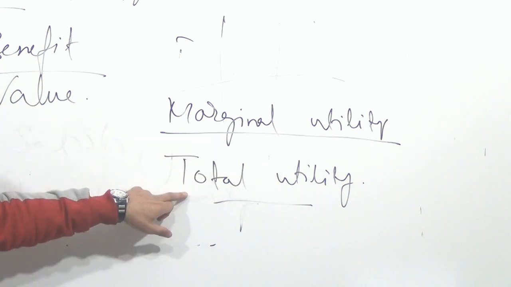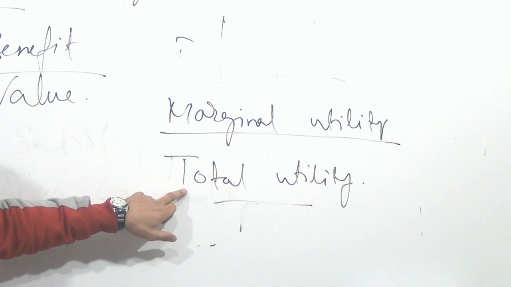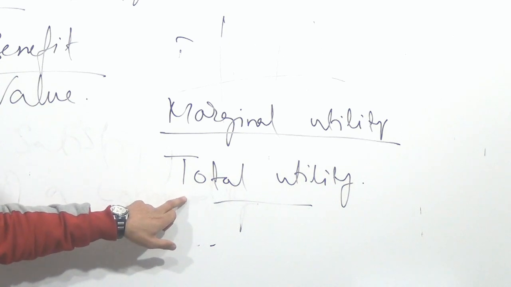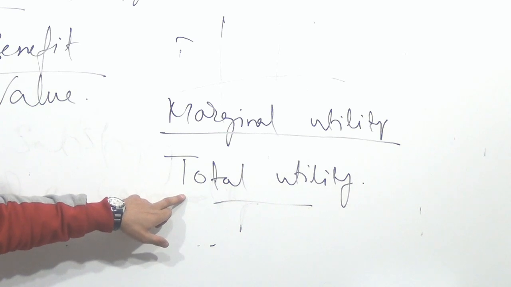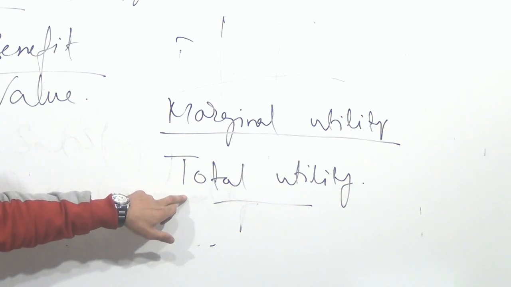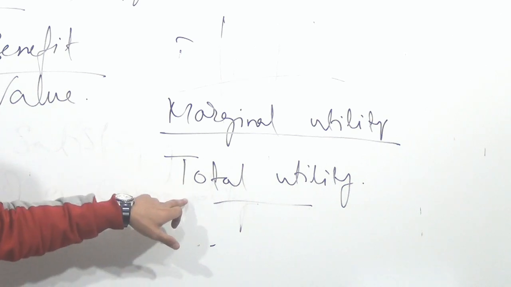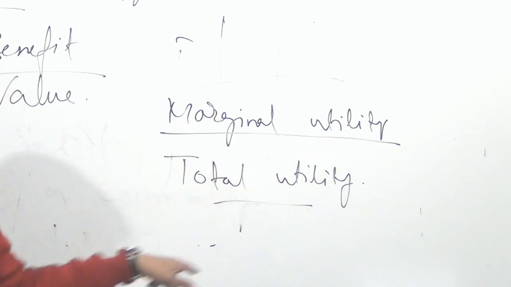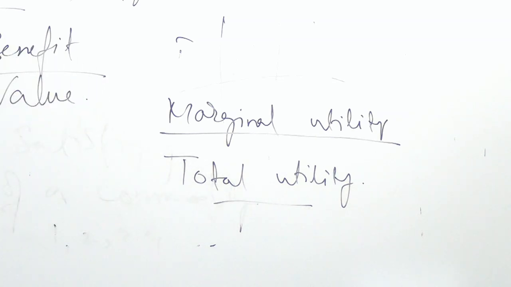Likewise, the concept of total utility is how the extra unit consumed imparts the utility in totality to a consumer. The total satisfaction from consuming a commodity by a consumer.